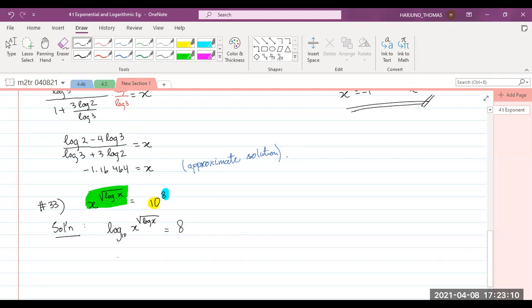But this is actually log x, right? For this part here, this is just log x, right? And then I bring the exponent to the front. Square root of log x. Is it okay?